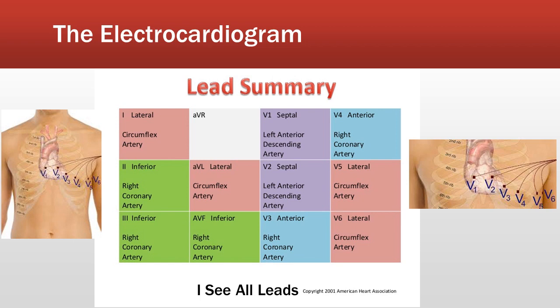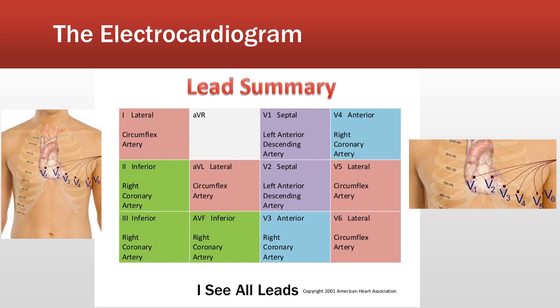And then you see our matrix in the middle of the screen. Leads 1, 2, 3, AVR, AVL, and AVF, and then V1 through V6. Leads 2, 3, and AVF show the inferior portion of the heart and the right coronary artery.